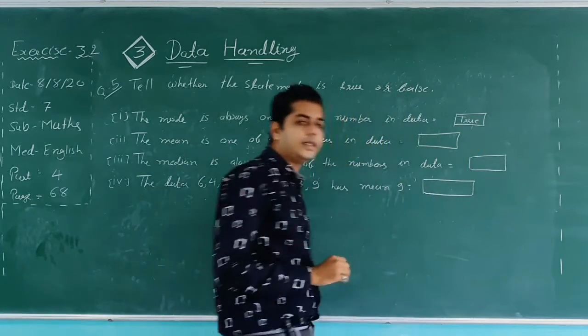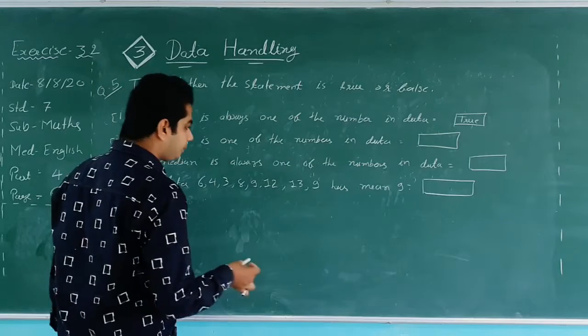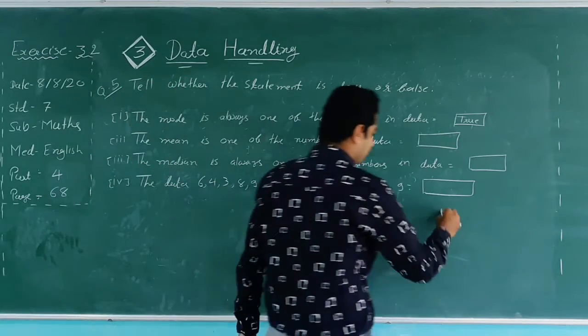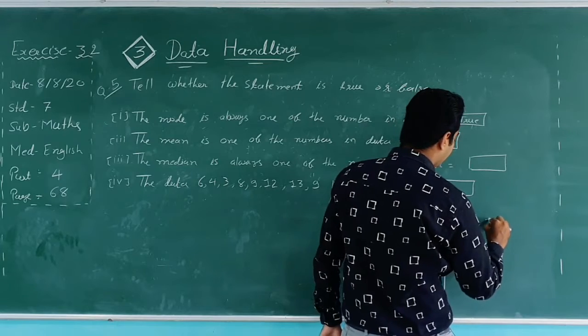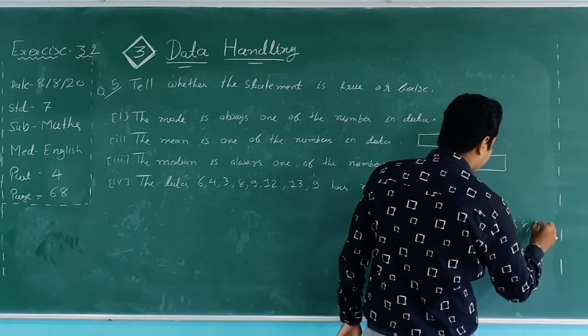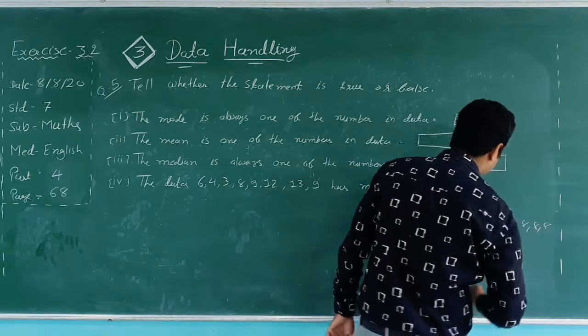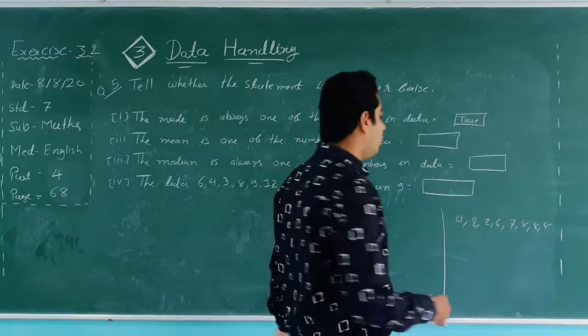Now why true? See, suppose I will take one example here: 4 2 2 6 7 8 8 8. Now there is a data, random data, right? Now mode is what?